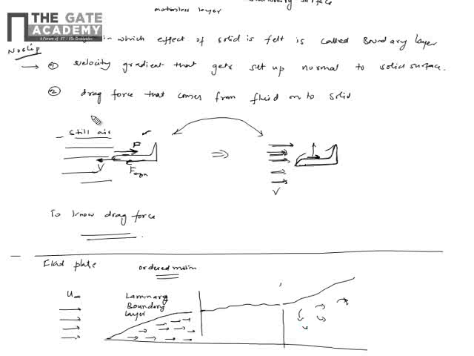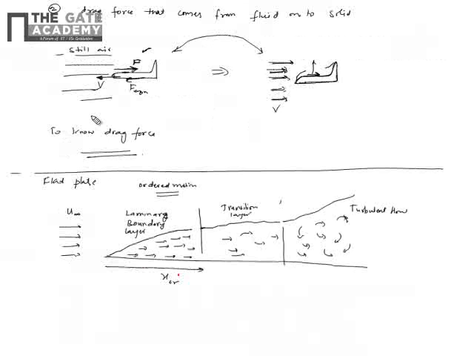Basically, if the viscous effects dominate, it is laminar flow, and if inertia effects dominate, it is turbulent flow. In between you have a transition layer between laminar and turbulent. This is called the critical length, beyond which you will have the onset of turbulence.